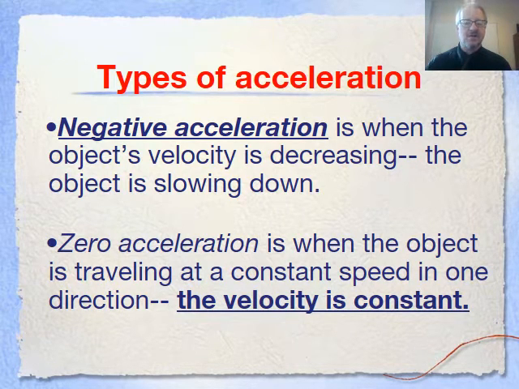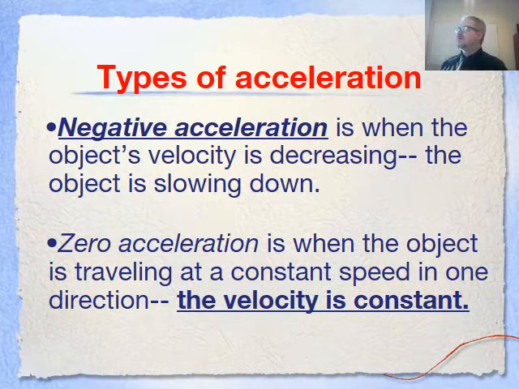Okay, so zero acceleration, finally, the last definition here. Zero acceleration is what we experience when an object is traveling at a constant speed in one direction. So the velocity is constant, a constant velocity. Nothing is changing, so zero acceleration. That might seem a little bit odd when you think about zero acceleration.